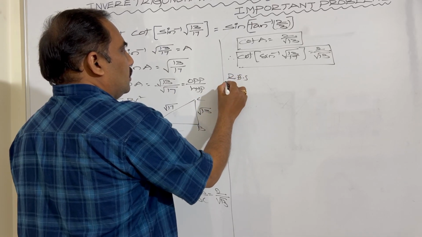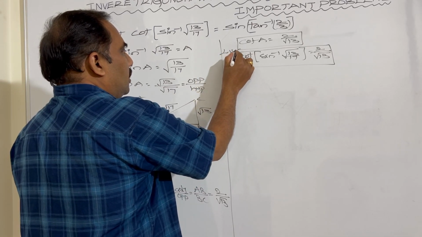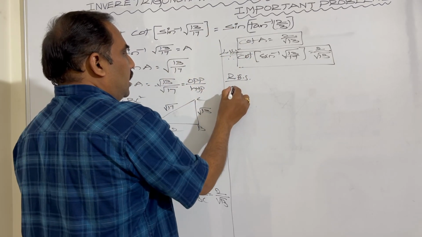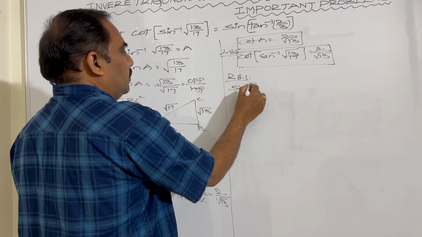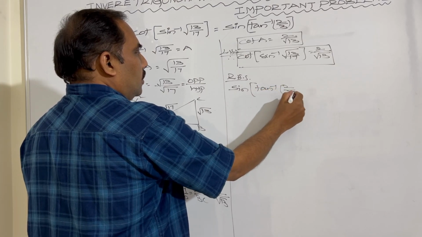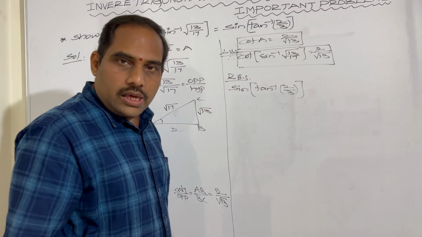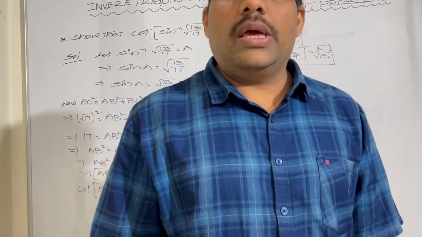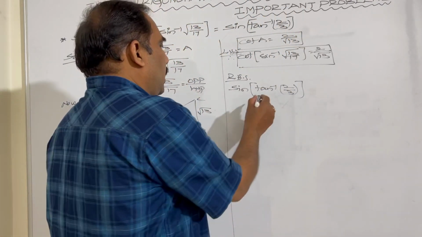Now similarly taking the RHS, which is sine of tan inverse of 2 by 3. What I am doing is the same as for the LHS.